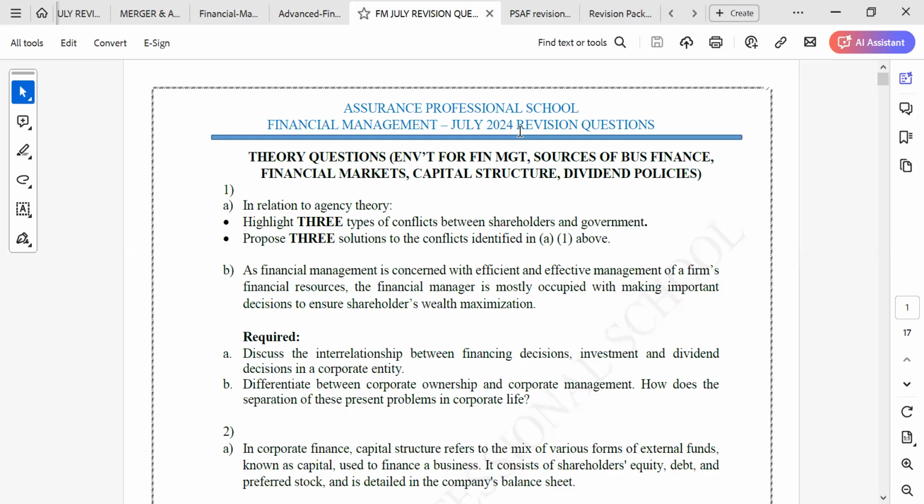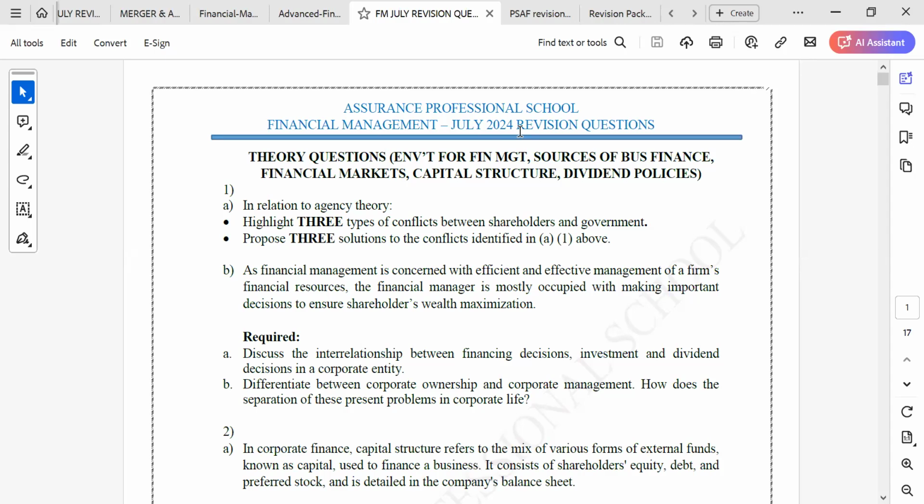Okay, this happens in large companies. The issues of agency theory happen in large companies. Because if you have a small company, you have a small container, you are the owner and you are the manager. So nobody is doing anything on your behalf. You take your own decisions and you are held responsible for whatever decisions that you have taken.